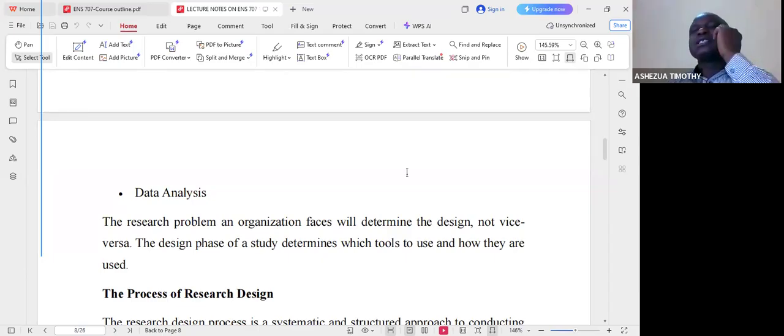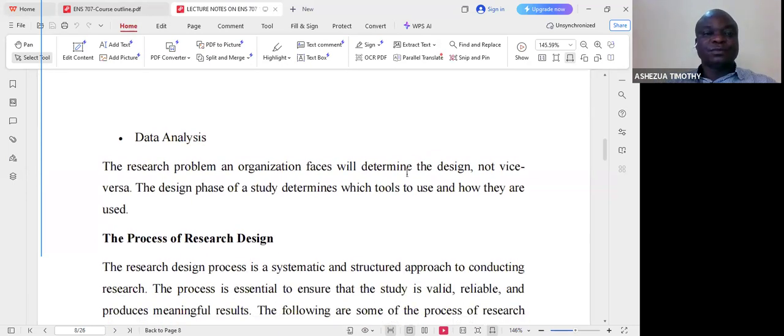For example, if your sample is less than 30, you know the type of tool you are going to use. If it's a large sample, you know the type of tool, and if it's a small sample, you know the type of tool. And that's the statistical tool that you want to use to solve the problem.